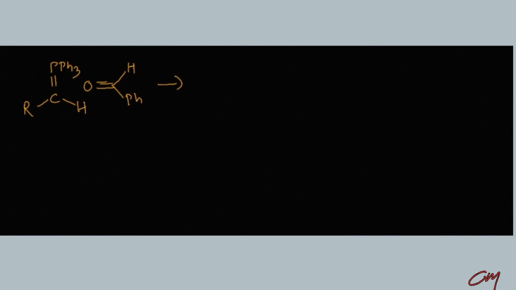So now what happens? This bond breaks now, and this bond breaks. And what is the product we are getting? We are getting PPh3 plus RHC, C O minus, H Ph.